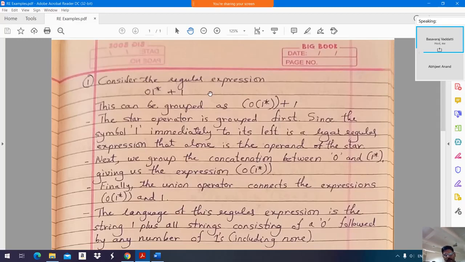Verify. Anybody would like to answer? Is this star applicable only for the immediate left one, or is it applicable for the entire group, that is 0, 1?